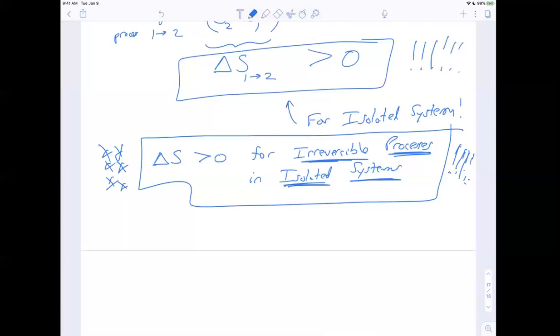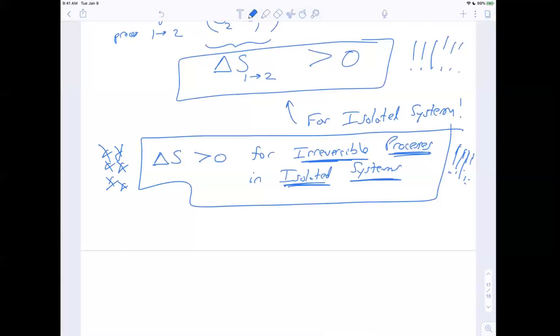The sophisticated, the nuanced, and the true statement, as far as we understand it based on our knowledge of math and physics today, is that the entropy of an isolated system increases when there is an irreversible process occurring in that isolated system. Okay, so all of those words are very, very important to keep together when we talk about entropy increase.